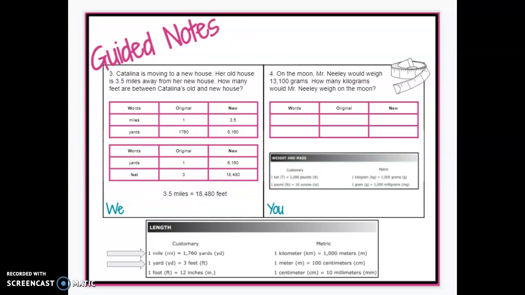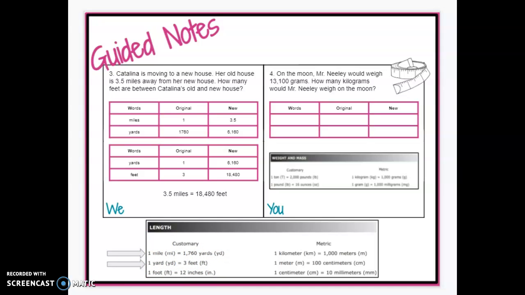How many feet are between Catalina's old and new house? 18,480 feet are between her house, because I know that that many feet equals that many yards, and that many yards equals that many miles. And that's how I can safely say that that's how it is. And I use this conversion chart down here to prove it.